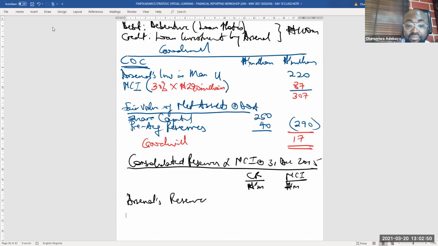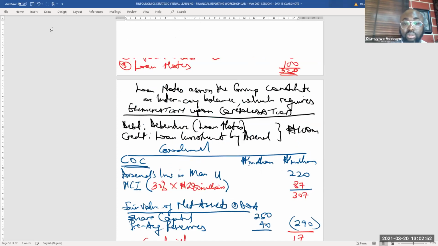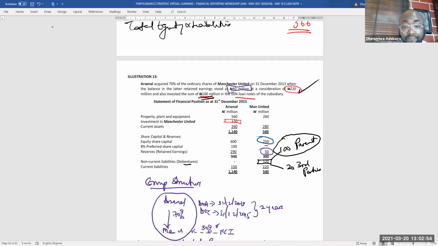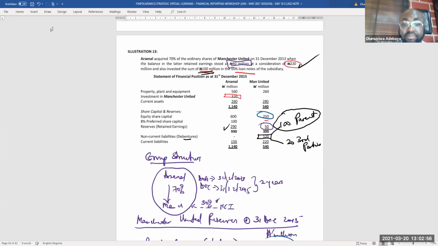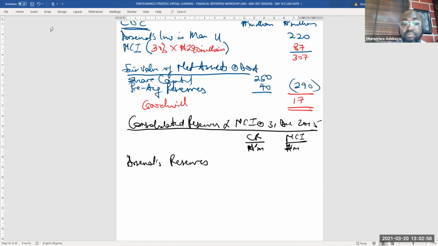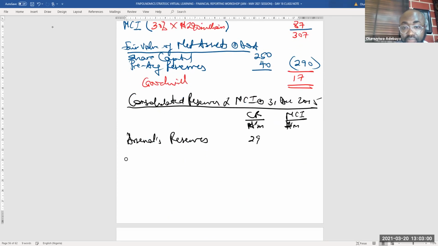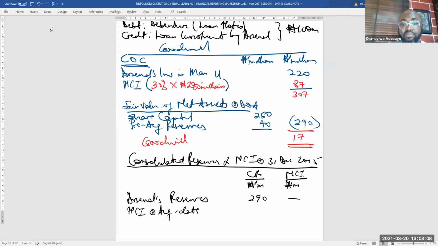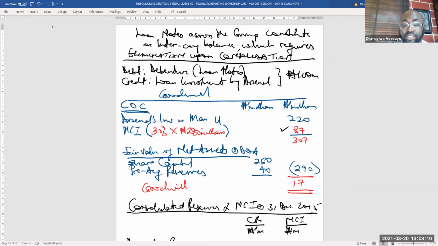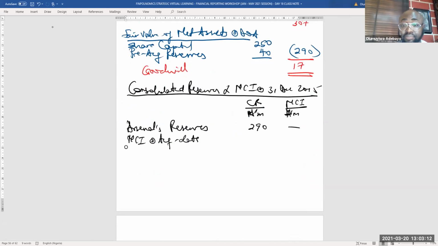Arsenal's reserve, 290. NCI as at acquisition date, 87. And share of post-acquisition profits.